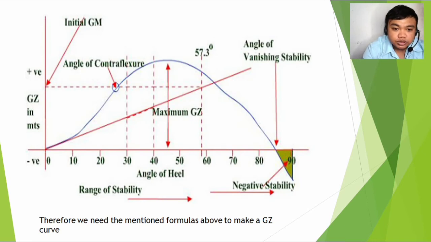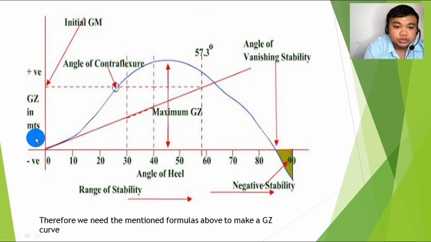Now, what is the importance of knowing the formula for GZ at small angle of inclination up to 15 degrees, and above that, that is for large angle of inclination, and also for the angle of Loll? That is because it is very vital in understanding the GZ curve.